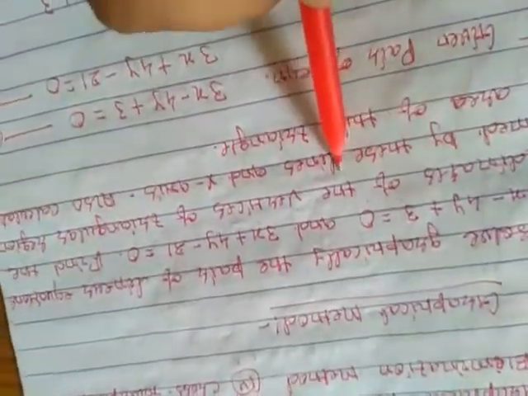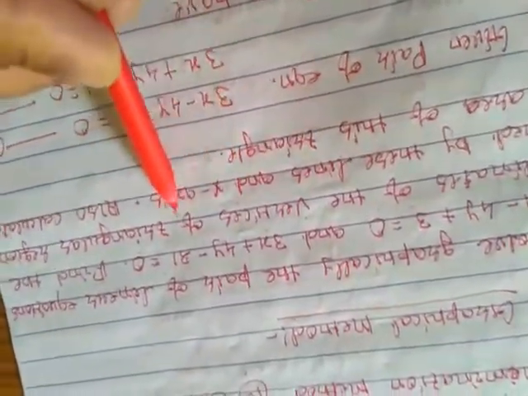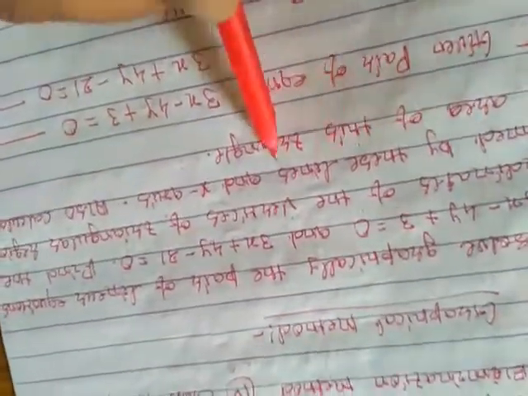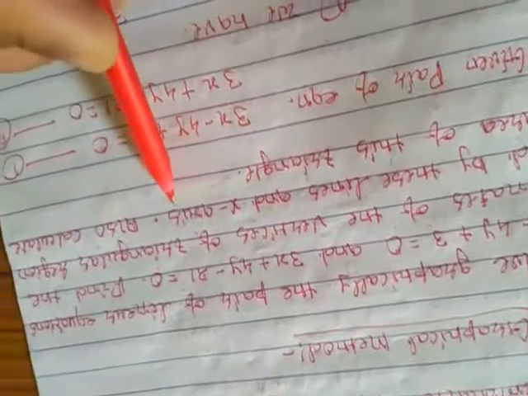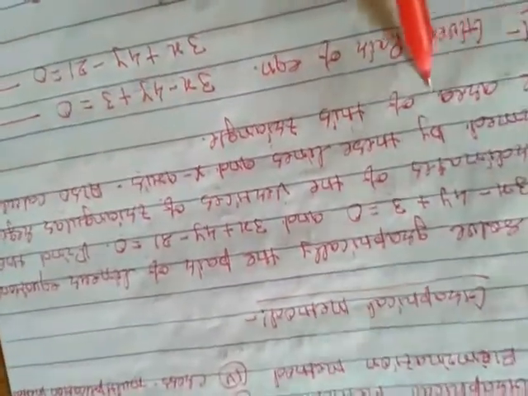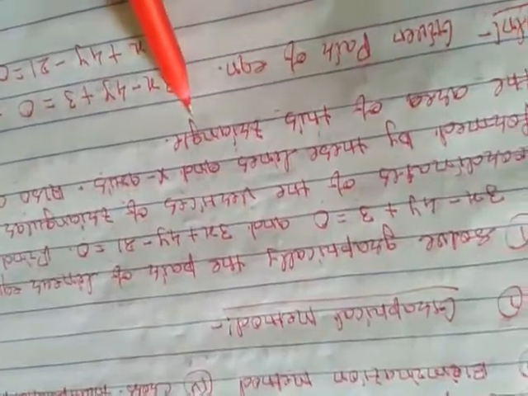Find the coordinates of the vertices of the triangular region formed by these lines and the x-axis. Also calculate the area of this triangle.